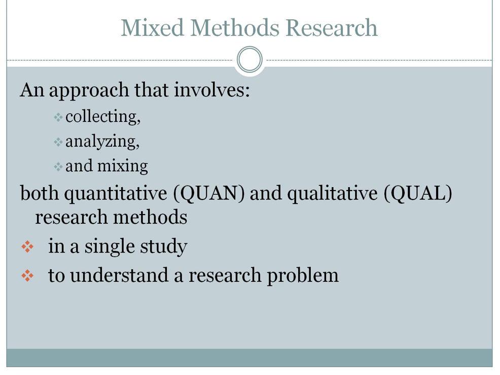So mixed methods research, to summarize, is an approach to research that involves collecting, analyzing, and mixing both quantitative and qualitative research methods. This is all done in the context of a single study to understand a research problem.